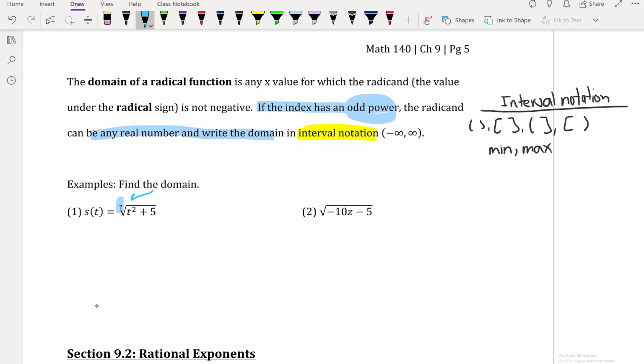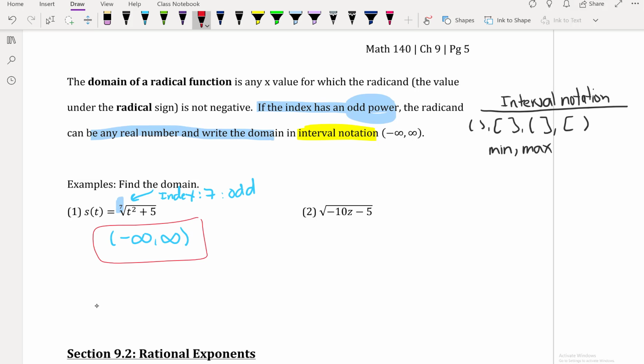Well, here, my index is 7, which is odd. Oh, so since it's odd, it defaults that I'm going to have -infinity to +infinity. And it's only because the index was odd that I'm able to do that.